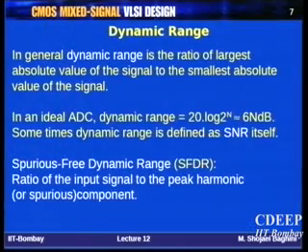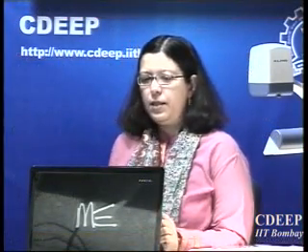Another concept which is important in data converters is dynamic range. Some of these definitions are a little bit different in different textbooks and even data sheets. But overall they are conveying the same message and explaining the same characteristic. Only there might be a little change in the definition.